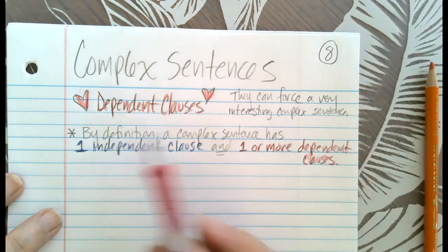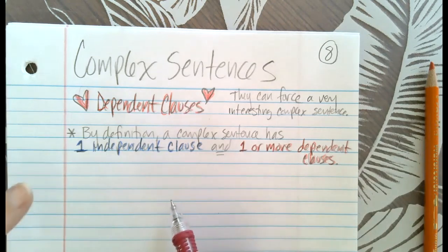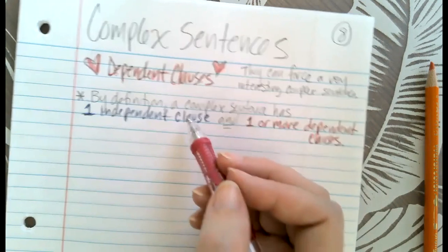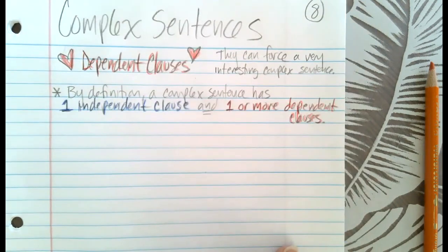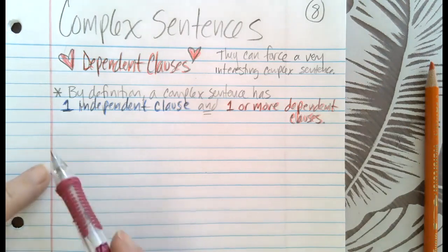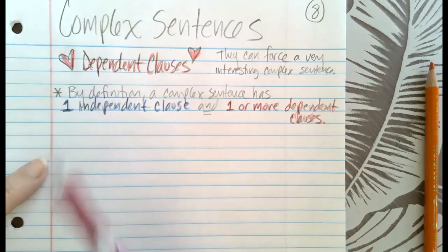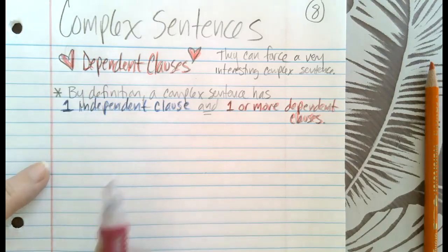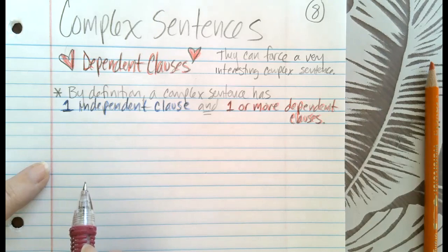But okay, now let's talk about dependent clauses in relation to how we can make them and how we can make some really creative, engaging sentences when we develop these complex sentence structures. Okay, so we want to use something called a subordinating conjunction, okay?